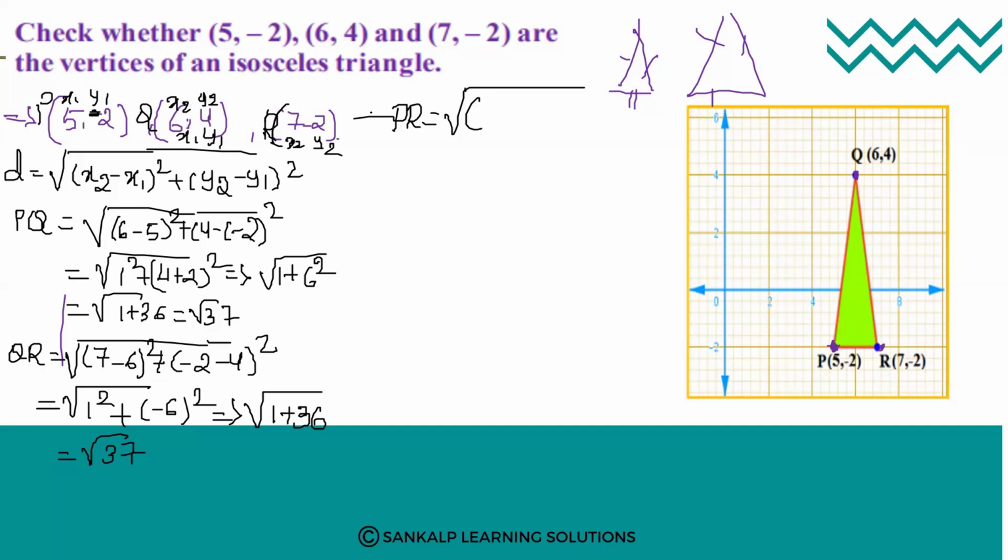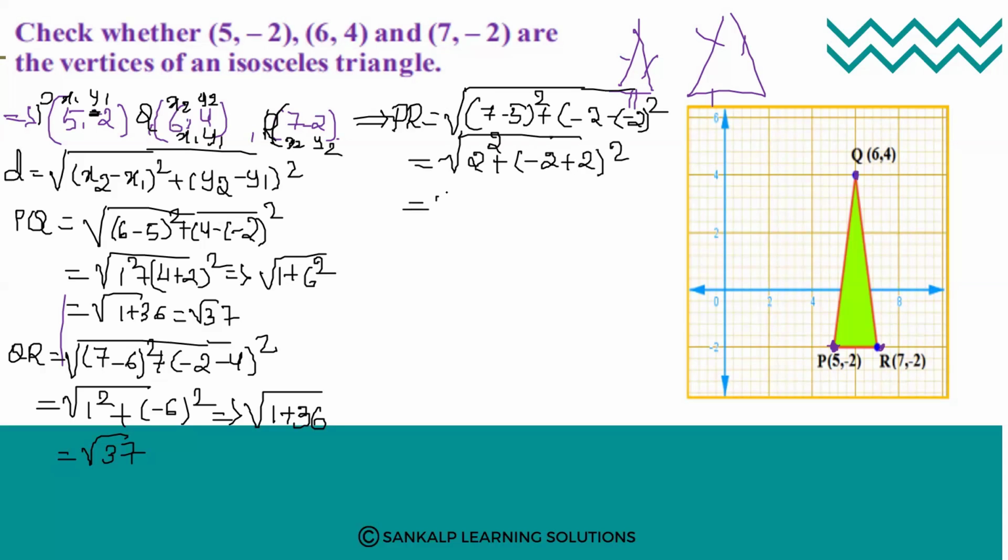Now x2 value is 7 minus x1 value 5 whole square plus y2 value -2 minus of -2 whole square, right? 7 minus 5 is 2 square plus -2 plus 2 whole square. 2 square is 4. -2 plus 2 will get cancelled, so it becomes 0.